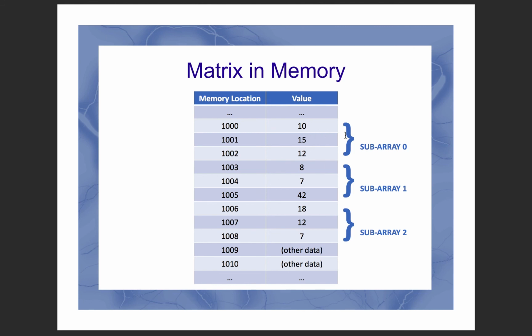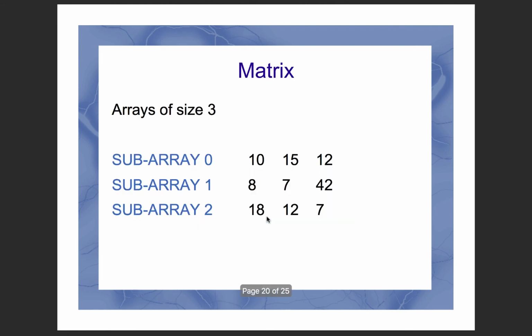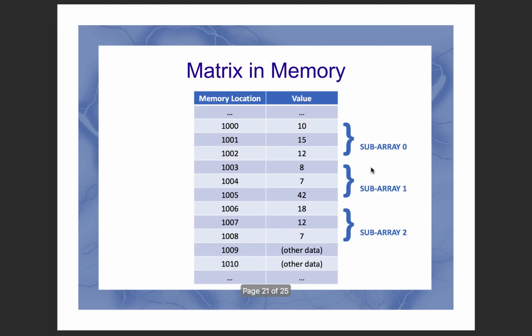In that way, you can see that the information of subarray 0 will be kept first, then the second subarray, and the third, and finally we'll have the third subarray information kept in the memory locations. So similar to the array and string, the computer keeps arrays of arrays or matrix information in the memory in this way.